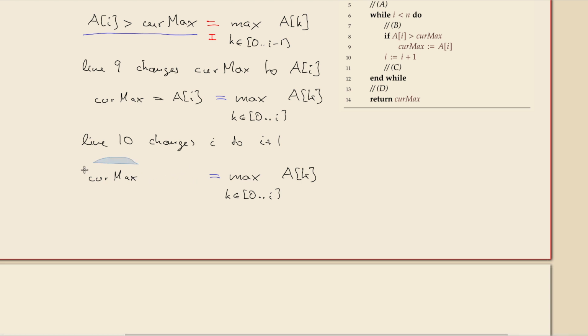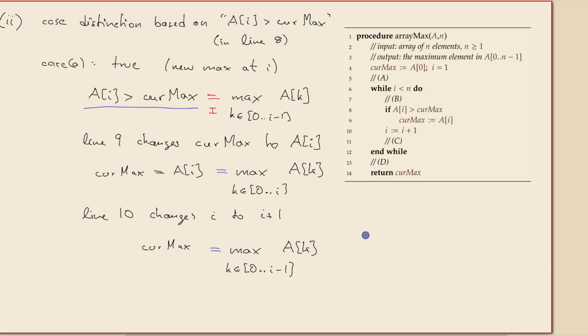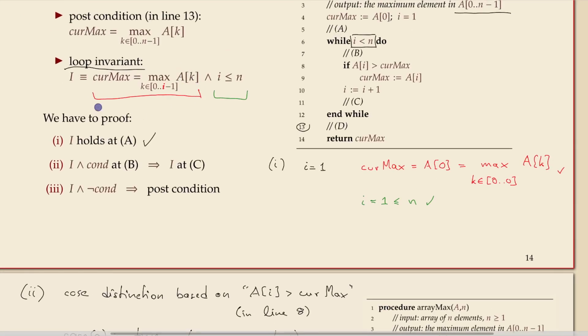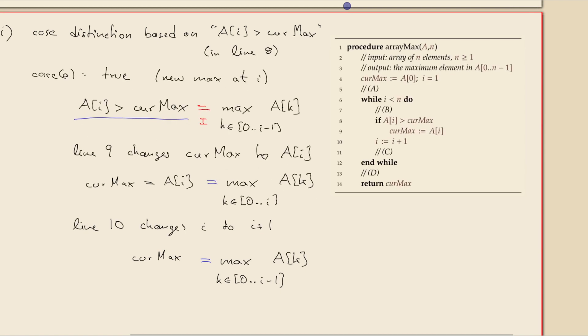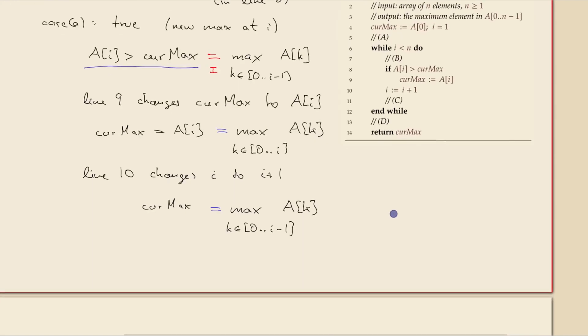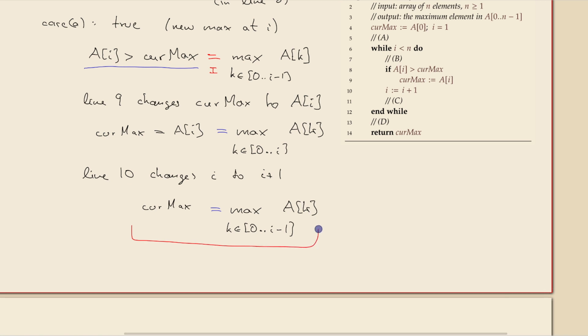Now current max is still the same, but I've updated i. So if I want that to be the same, I have to do the i-1 again, right? I've just taken this term and replaced i by i plus 1. So I have to do the inverse in here. Well, and that is the red part of our invariant down here. That's the red part of the loop invariant reestablished.